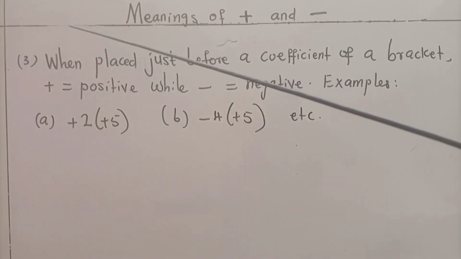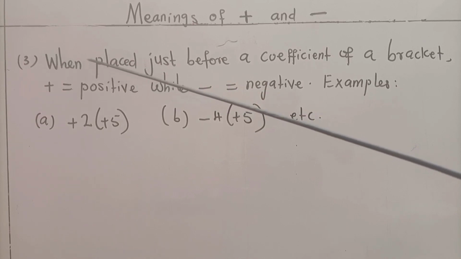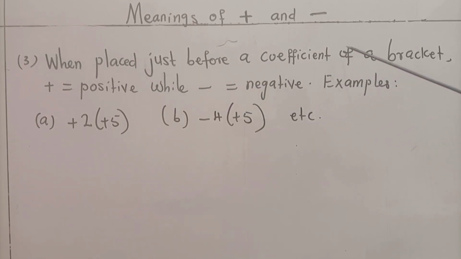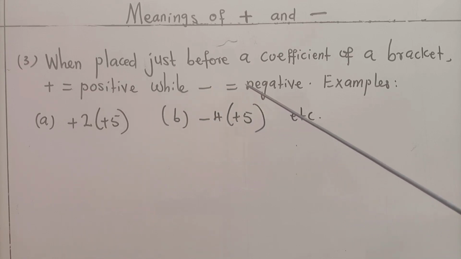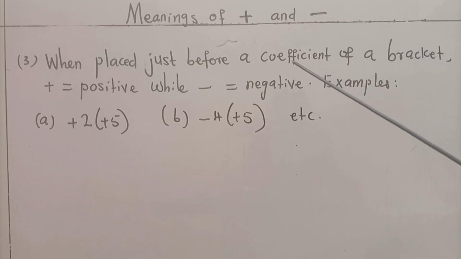It says, number 3, when placed just before a coefficient of a bracket, plus is equal to positive while minus is equal to negative. What is the meaning of this word coefficient? It means a counter, a multiplier, a number that tells how many times another number is brought out.